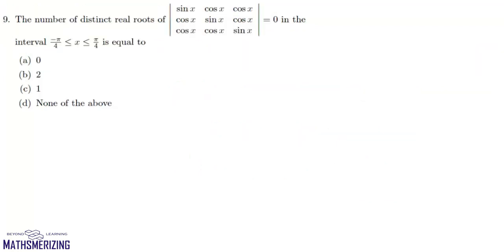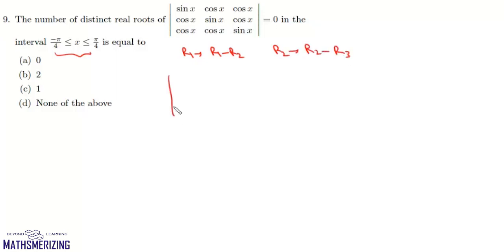Now question number 9 is, we need to find the number of distinct real roots of this equation in the interval minus pi by 4 to plus pi by 4. What we'll do is write R1 as R1 minus R2, and we'll write R2 as R2 minus R3.